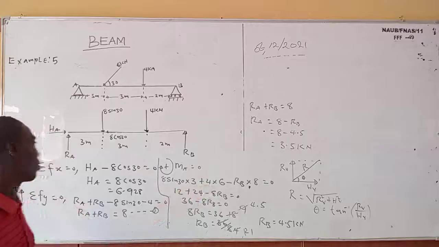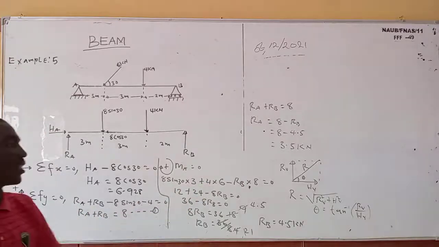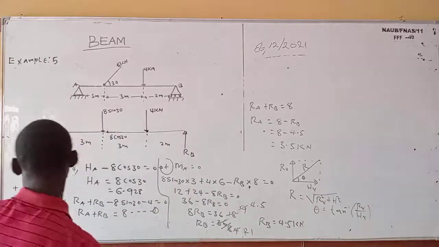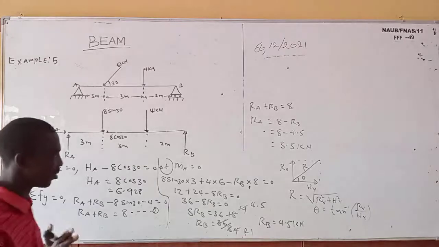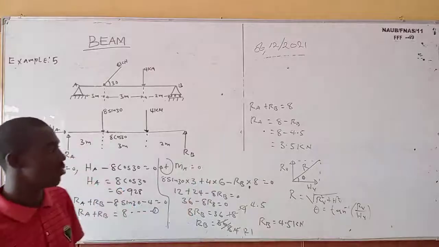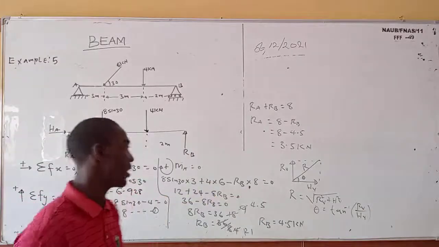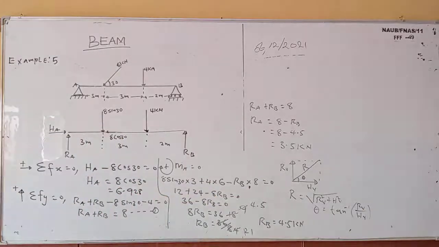If you use that also, you are going to get your theta. I think your theta there should be 26 point something. You can try that. So that is the answer you are going to get.